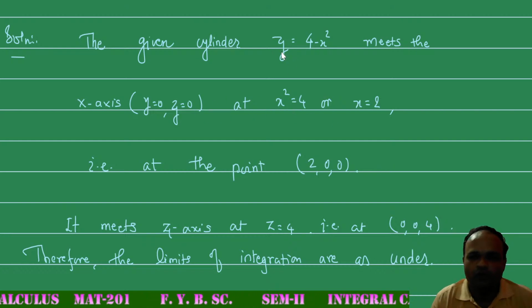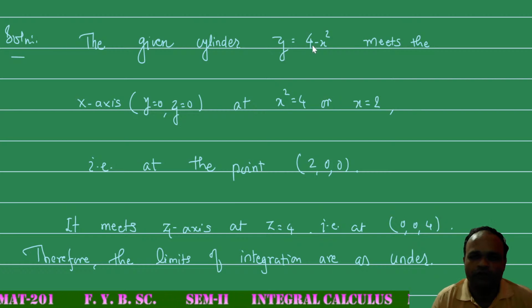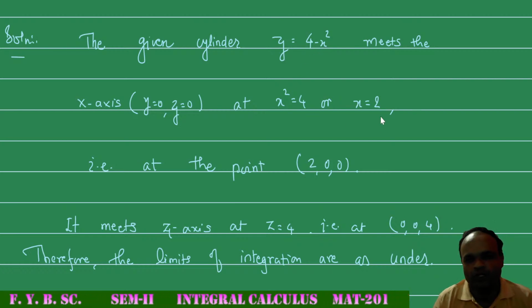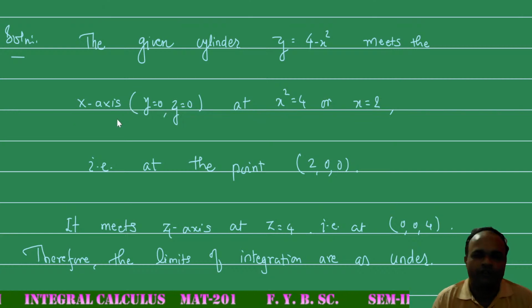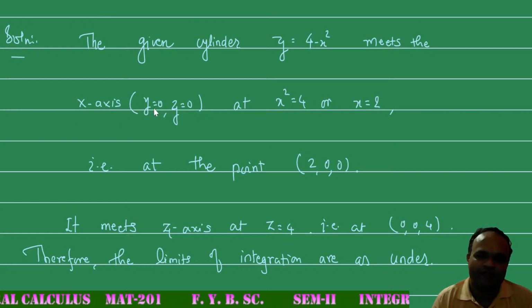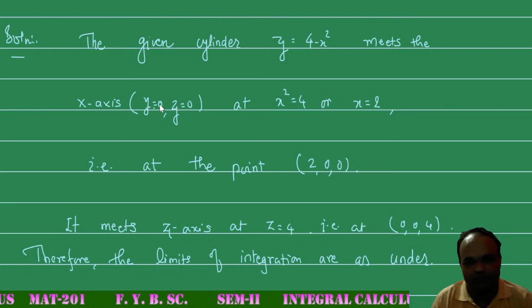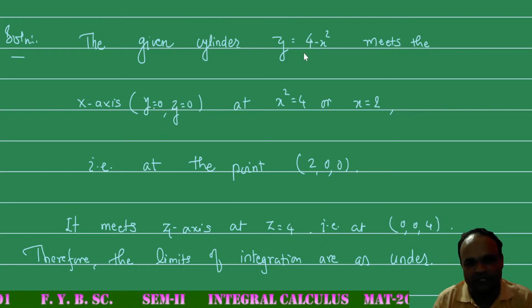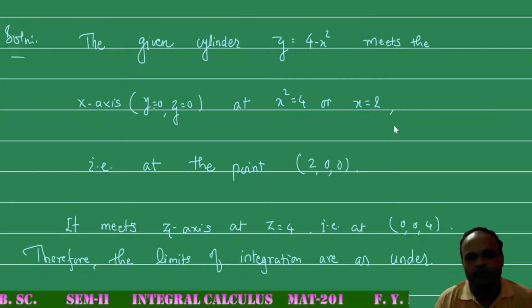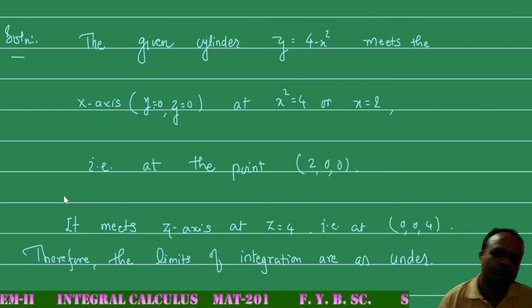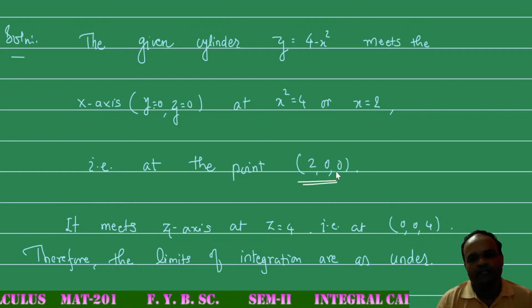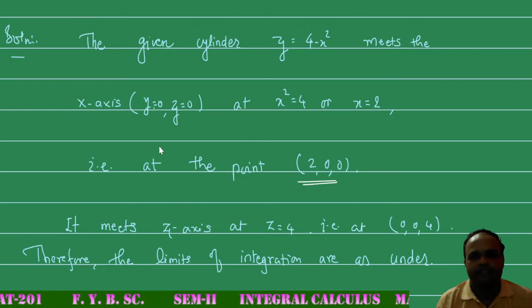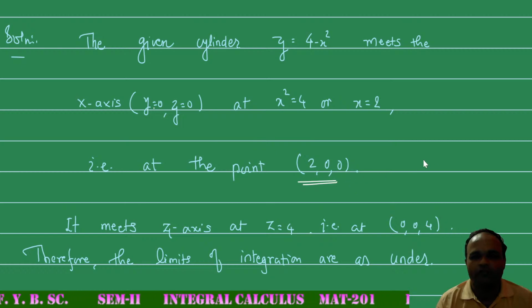If you put y equal to 0 in the equation of the cylinder, you will get x square equal to 4, or x equal to 2. So this cylinder meets the x axis at the point (2, 0, 0).